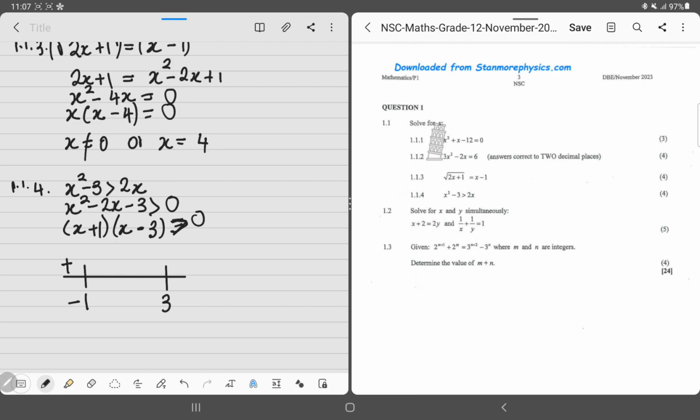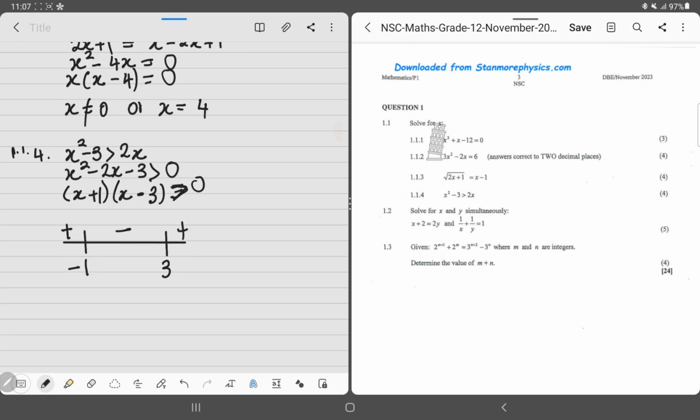So I'm getting a positive. For any number that I'm going to substitute for x there, I will always get a positive answer. Then I'm going to choose a number between negative 1 and 3. So I'm just going to choose 2. So I'm getting negative. The other side is going to be positive.